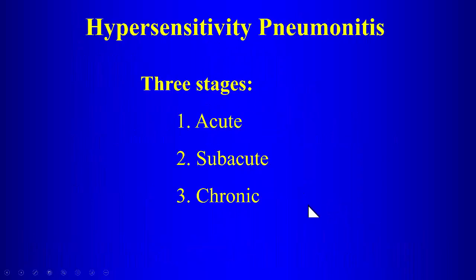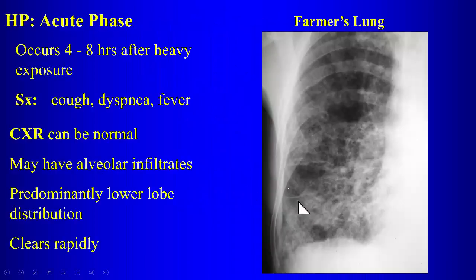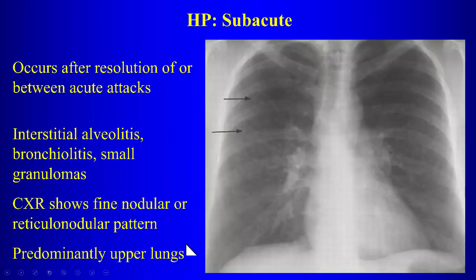Okay. Now, it used to be described in 3 stages. Now we divide it into non-fibrotic versus fibrotic forms of disease. It is possible with an initial prolonged exposure to develop consolidations, mostly ground glass consolidations.